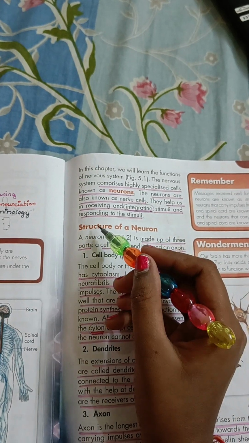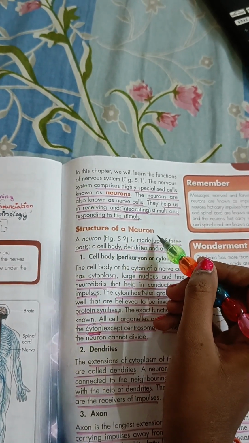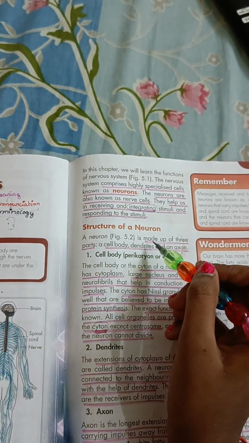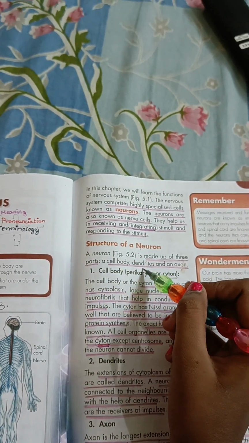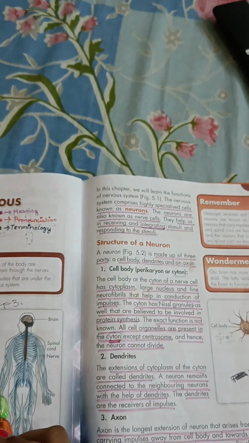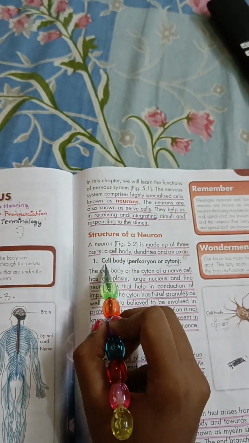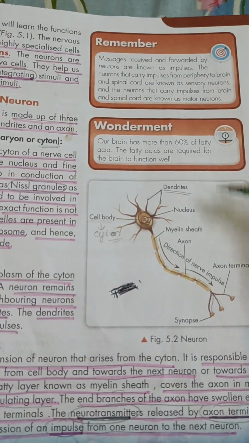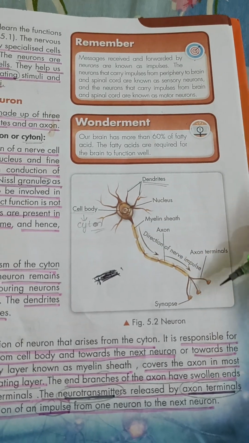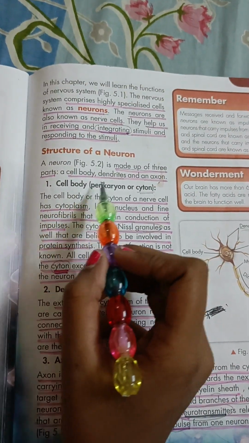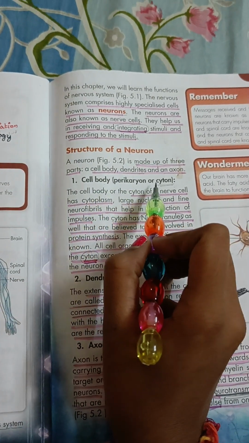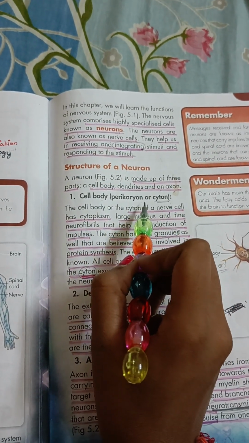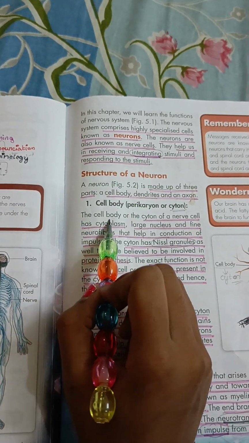Now, let's go to the structure of a neuron. A neuron is made up of three parts: a cell body, dendrites, and an axon. Let's study more about the neuron. So this is a diagram of a neuron. The cell body is called the cyton or perikaryon.